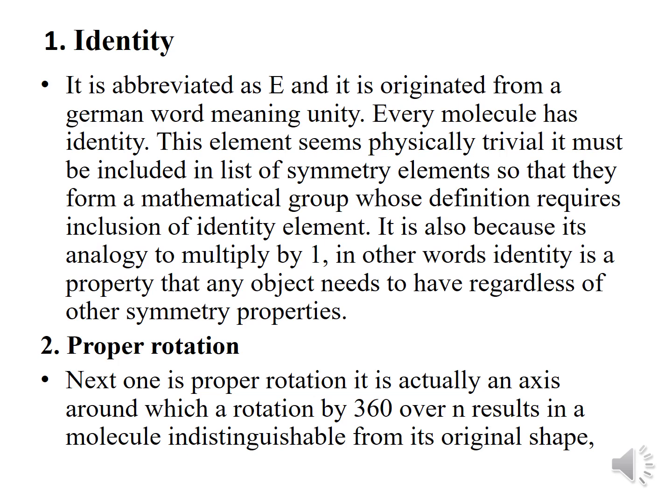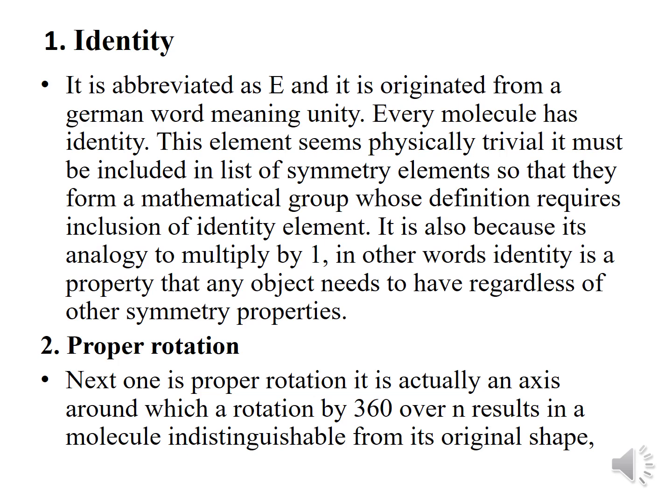It must be included in the list of symmetry elements so that they form a mathematical group, whose definition requires inclusion of an identity element. It is also because of its analogy to multiplying by 1. In other words, identity is a property that any object needs to have regardless of other symmetry properties.